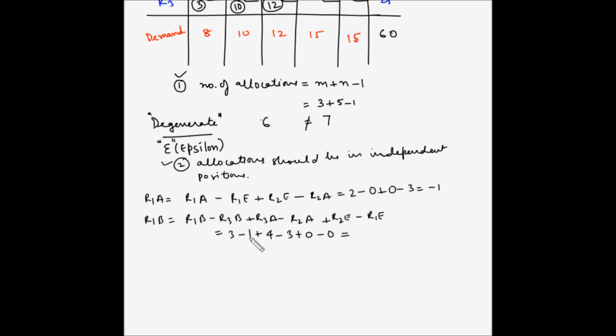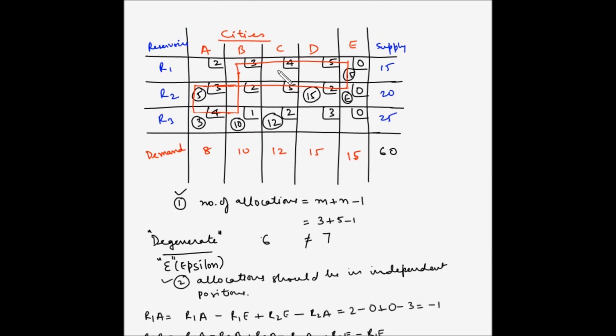So 3 minus 1 is 2, 2 plus 4 is 6, 6 minus 3 is 3. Now let's move to the next water square, which is R1C.